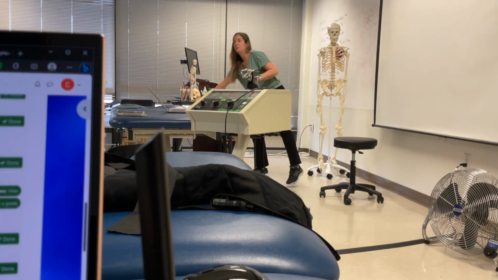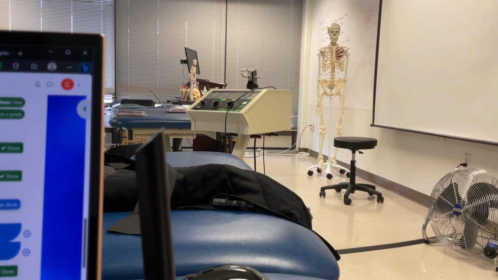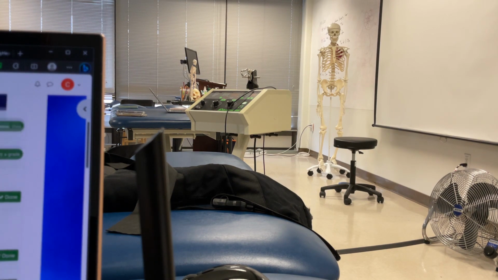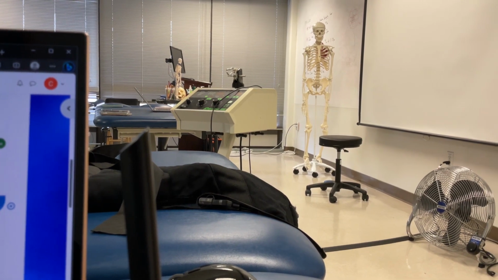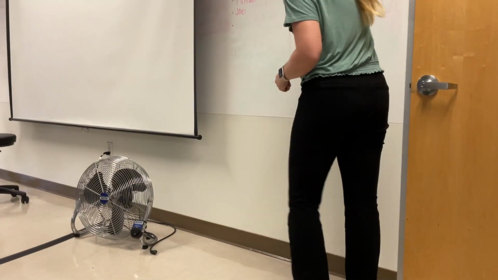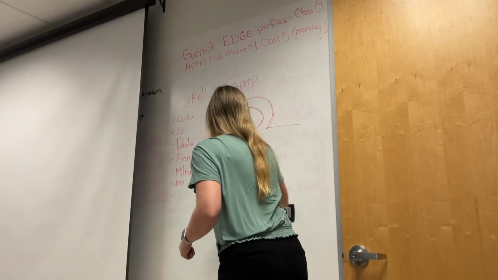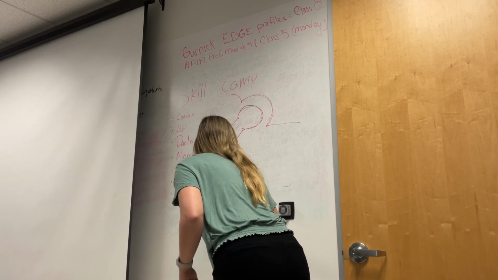So let me draw that up on the board real quick. All right, so here's the acetabulum, and here's the femoral head. Shaft, greater trochanter, neck, greater trochanter, and shaft, and then here we'll just draw a patella to represent the knee.